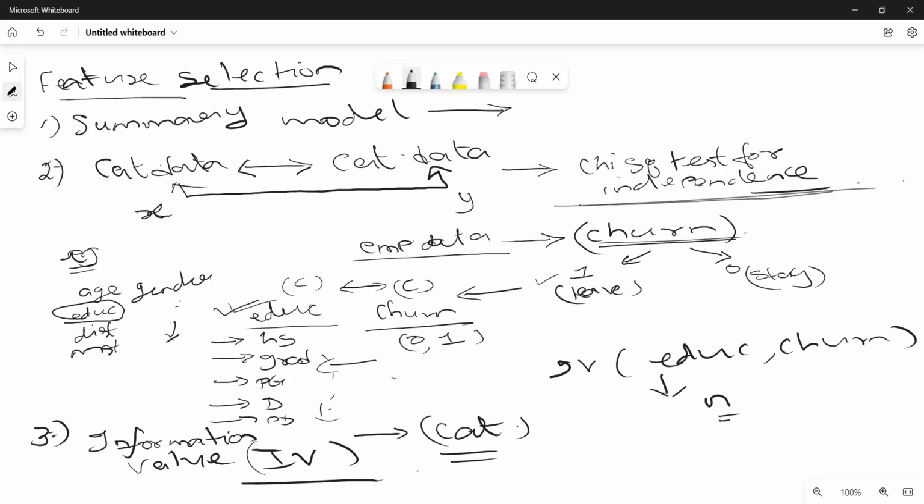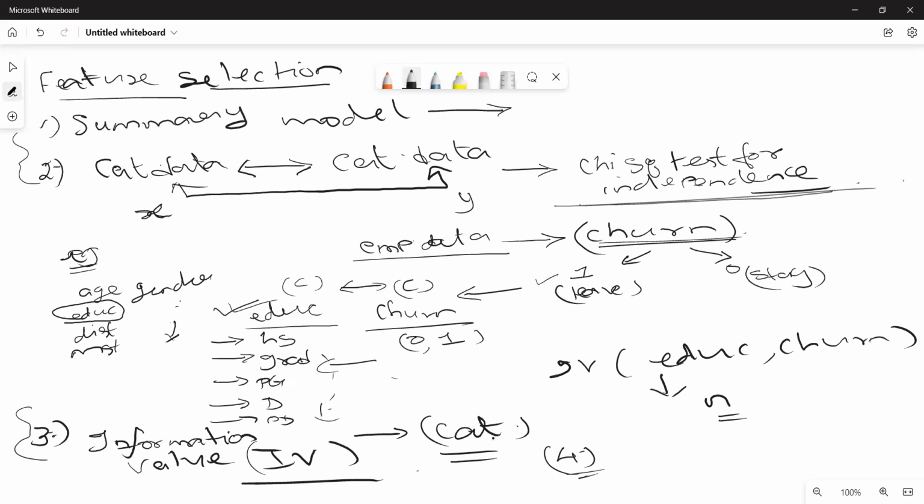Based on the range of the number, I can decide whether this particular feature is significant or not significant. So these are the three ways in which I can find the summary of the model, and from that, I can select the important features.